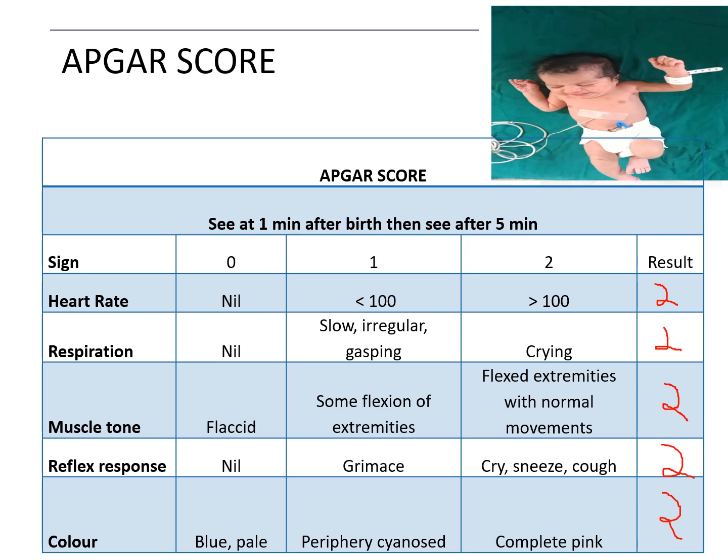We have to calculate at 1 minute and 5 minutes after birth. In a normal healthy baby, peripheral cyanosis or acrocyanosis is present at the time of birth, which becomes normal after 5 minutes. So generally the score at the time of birth in a normal baby is 9.